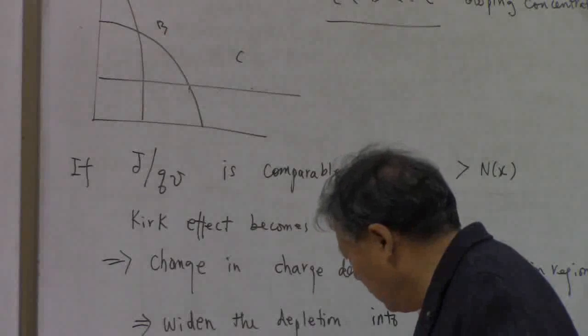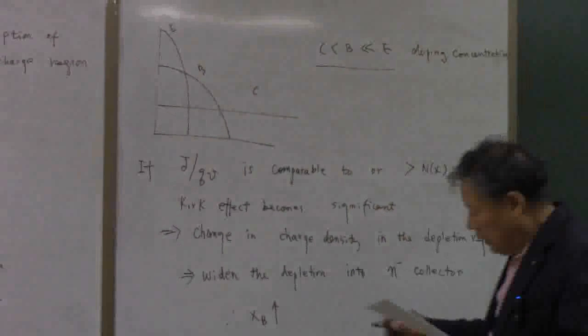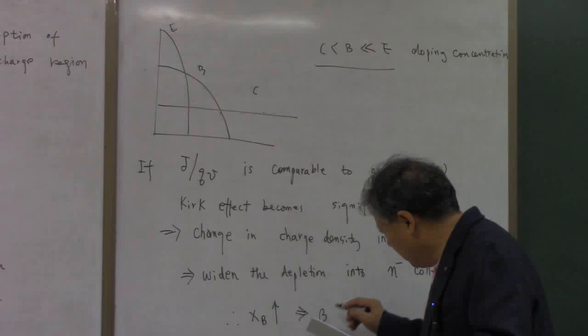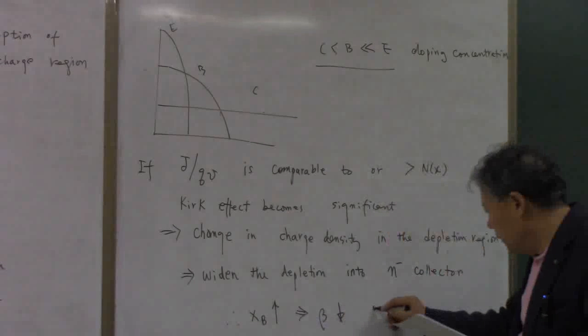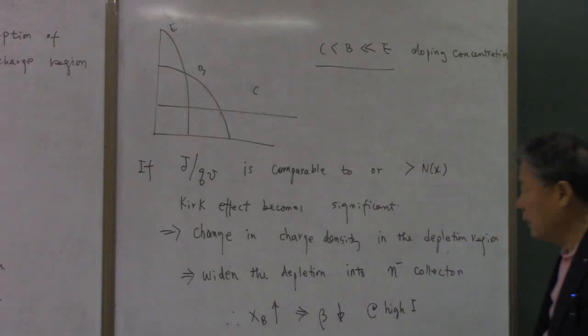So the depletion region is going to be widened, which makes the beta go down. Okay, at high current.